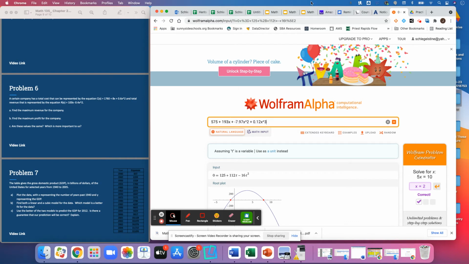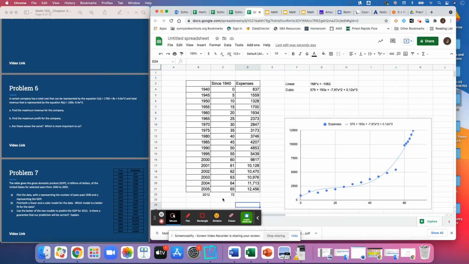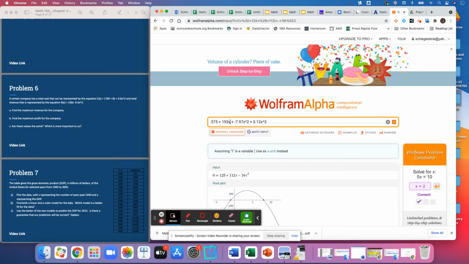And remembering that we need, what do we need for the years past 1940? 72 is going to be our x value. So I've got to say times 72 there. Here I've got to put 72 in parentheses so that it gets squared. And over here I need to put 72 in parentheses so that it gets cubed.